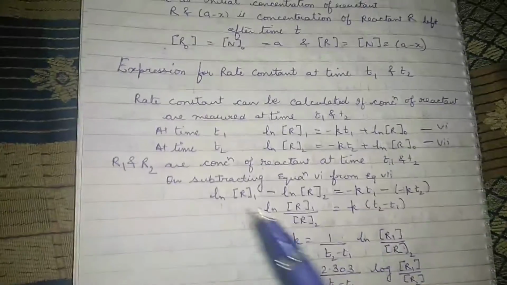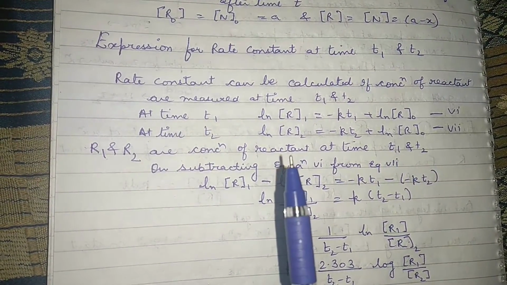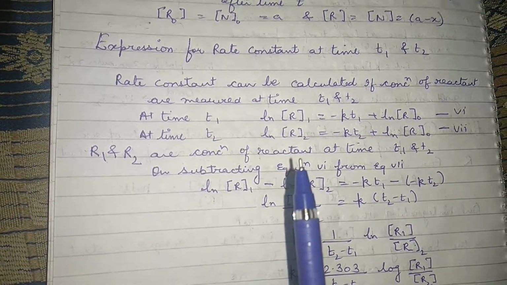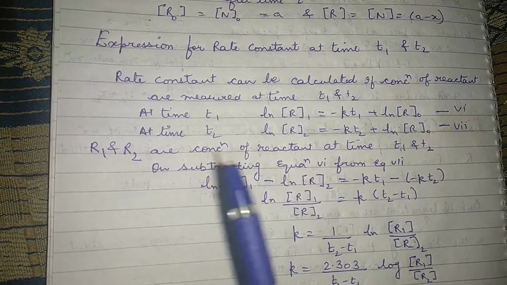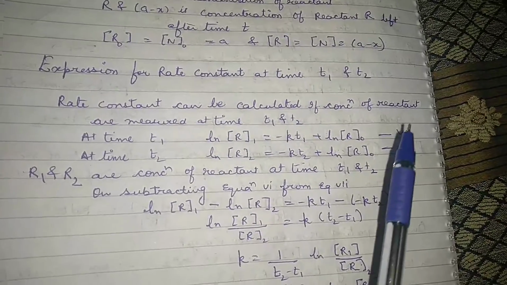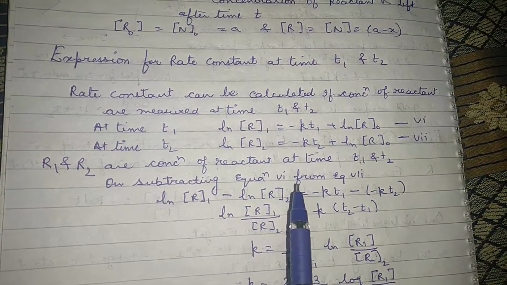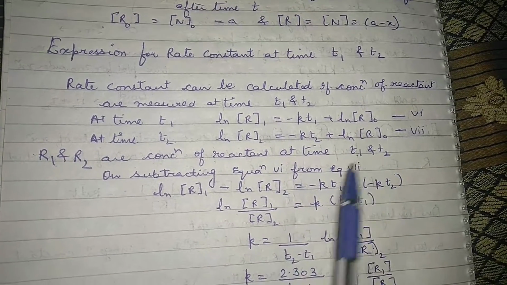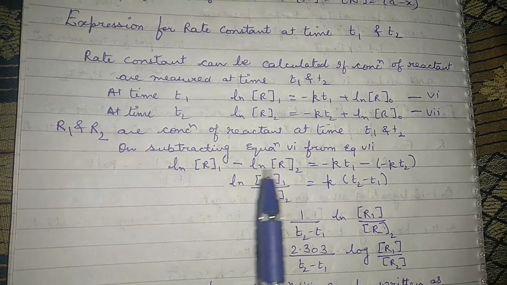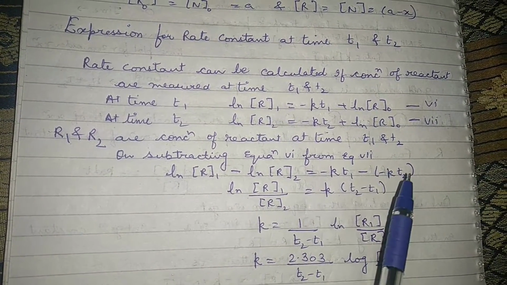Here r1 and r2 are the concentrations of the reactant, where r is the reactant, at times t1 and t2. This is equation number 6, and this one is equation number 7. We have to subtract equation 6 from 7. What we get: ln r1 minus ln r2 is equal to minus kt1 minus of kt2.